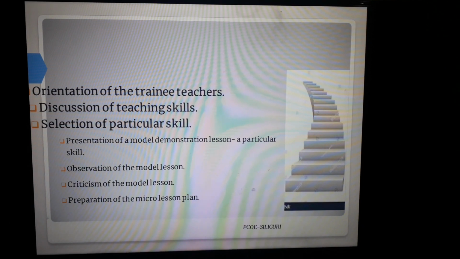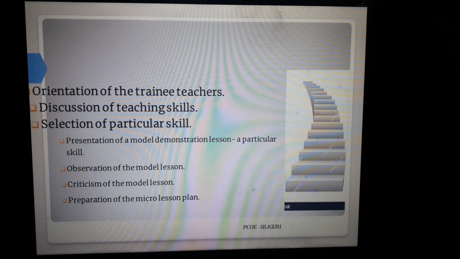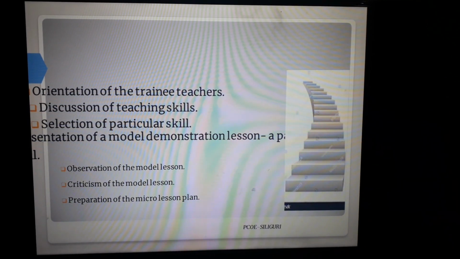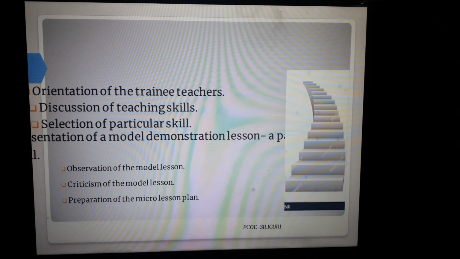So trainee teacher will select only one skill. Step 4, presentation of model demonstration lesson, a particular skill. Whichever skill the trainee teacher selected, he or she should demonstrate on that skill.